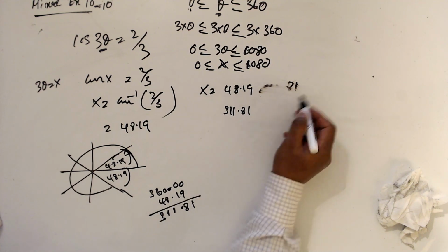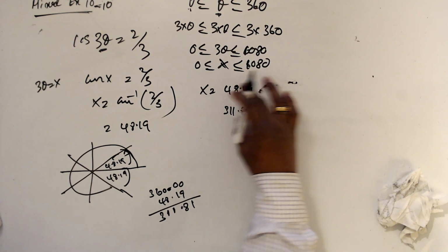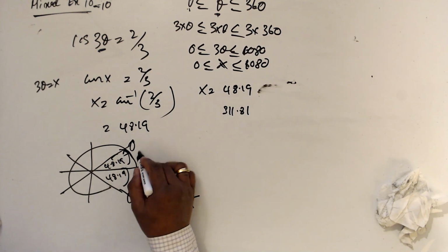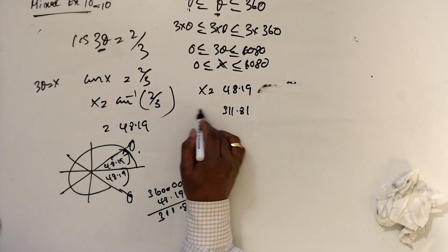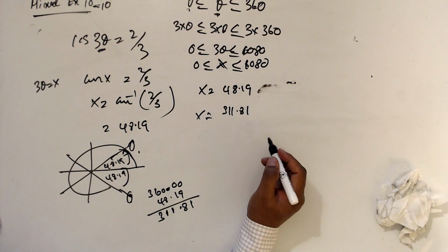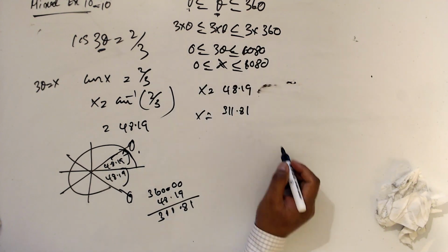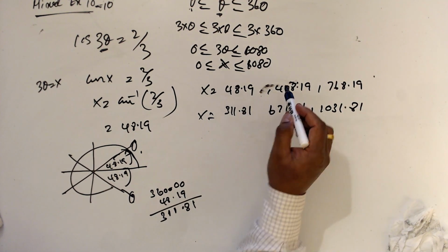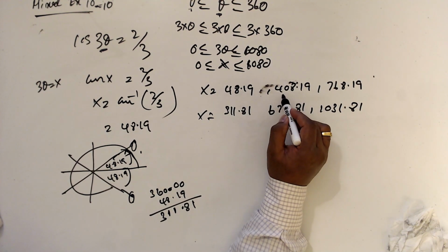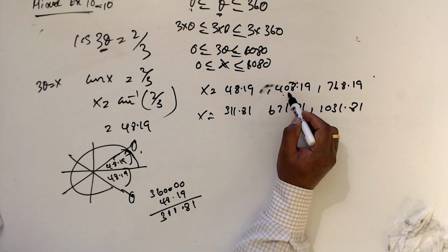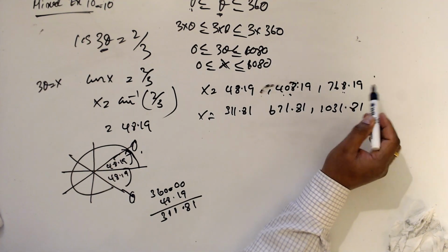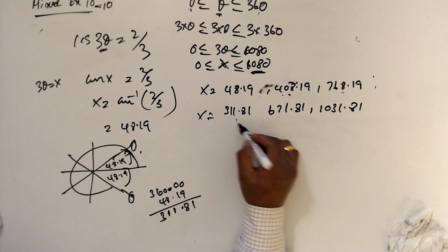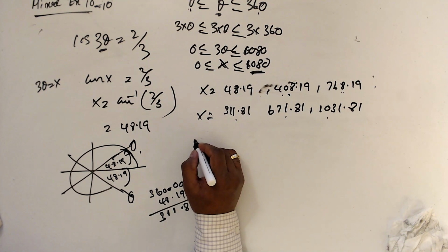Now we have to add 360s to both, because I pick up both branches, first and fourth quadrant. Add 360s up to 1080. If I add 360 I get this one, and if I add 360 again I get this one. If I add 360 again, it is out of range, beyond 1080.